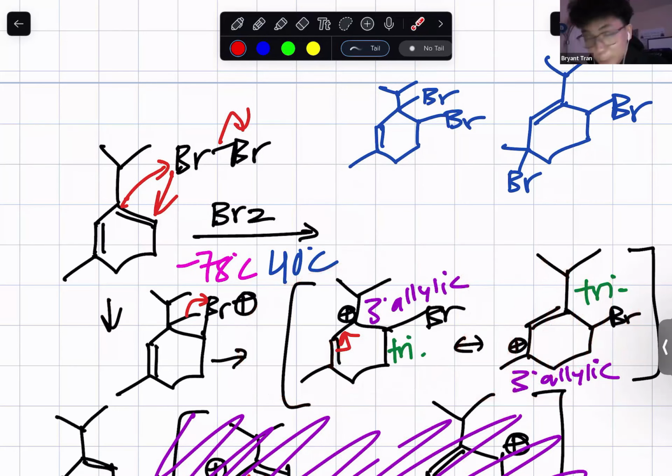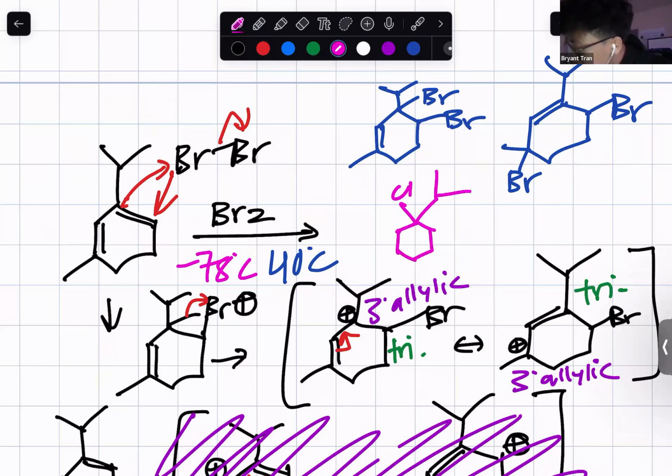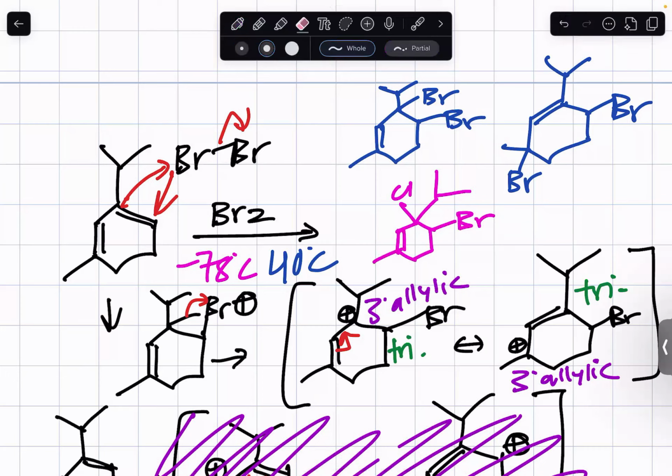And for the kinetic product, we want the fastest product formed, the fastest thing formed. And this is the fastest thing that gets formed right there. So we're only going to get one kinetic product, even though the two intermediates are equally stable. We're going to choose the one that gets formed first, which is that right there. And it should be bromine.